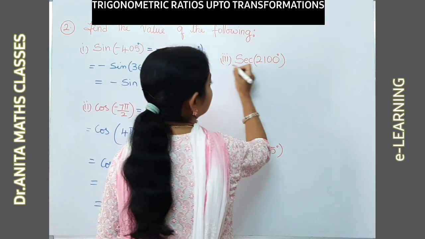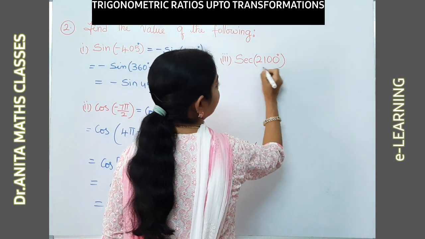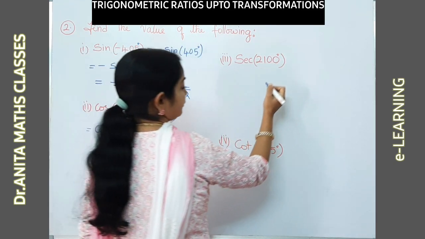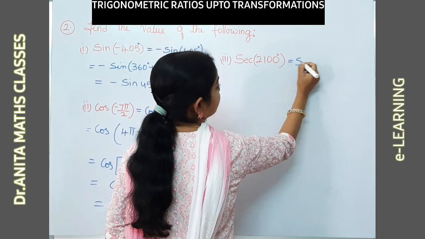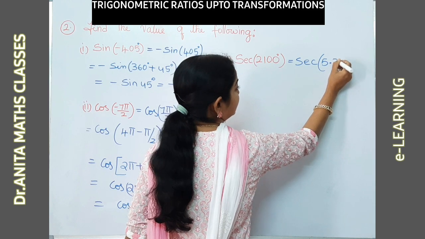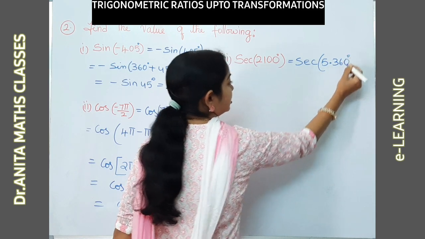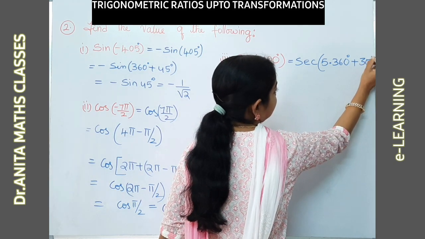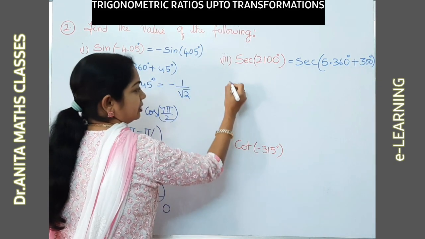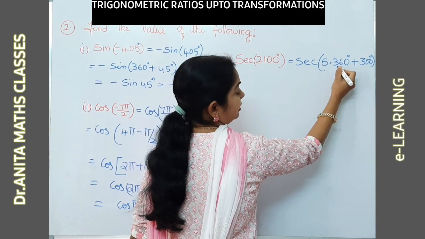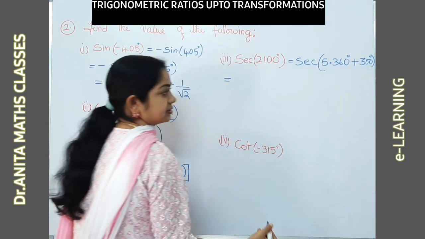Now secant, third problem. Secant, we will split 2100 into the multiples of 360. If I take 5 into 360, that comes to 1800 plus 300. So I can split it like this. So this comes to n into 2 pi plus 300.